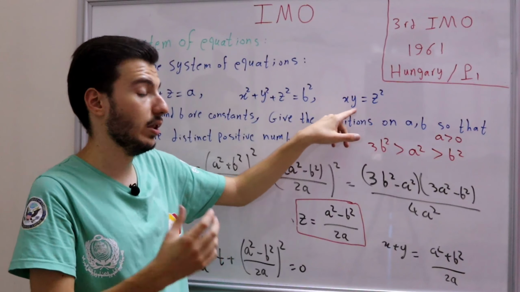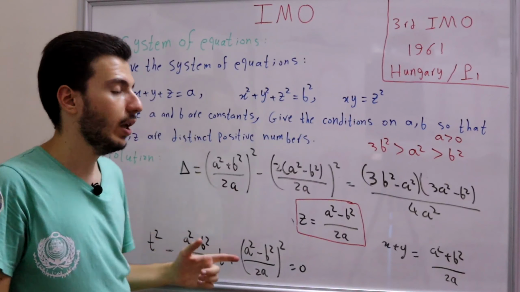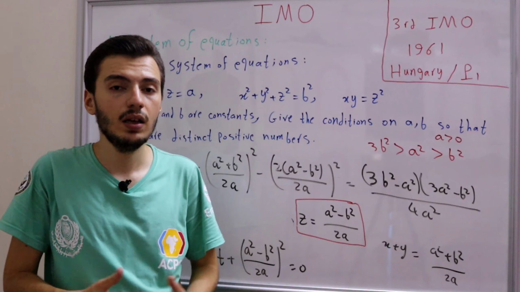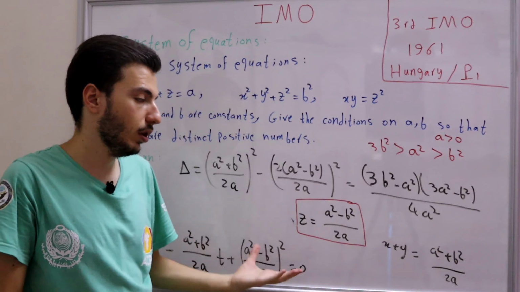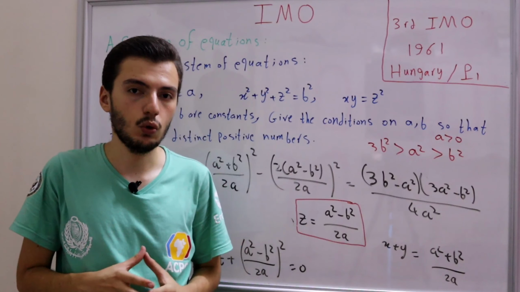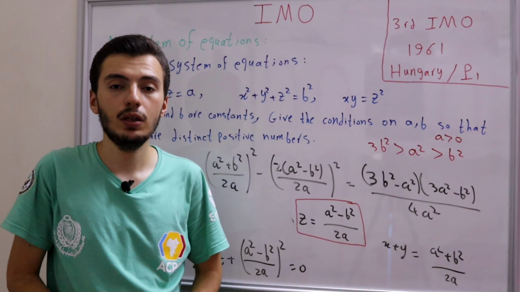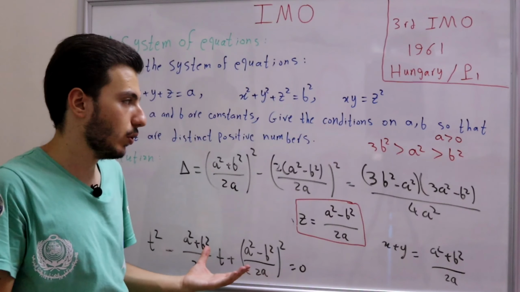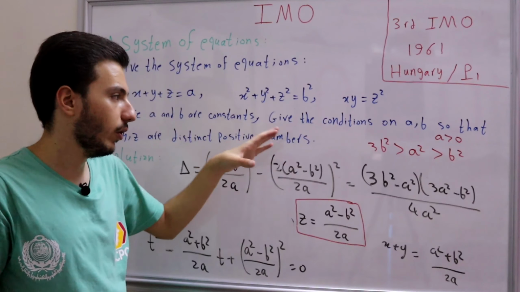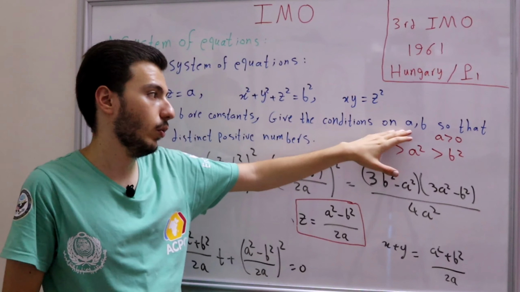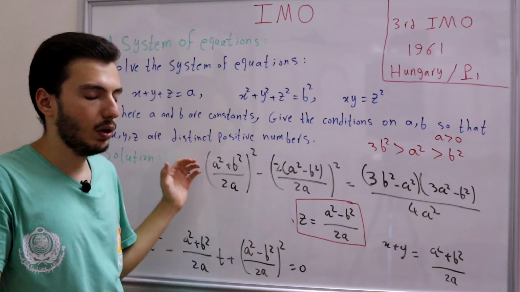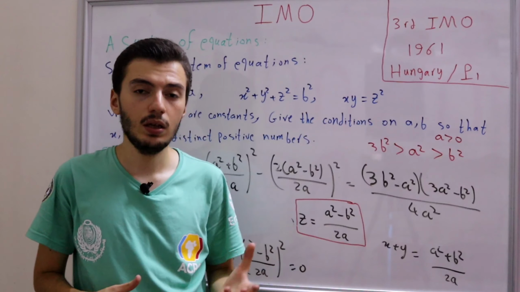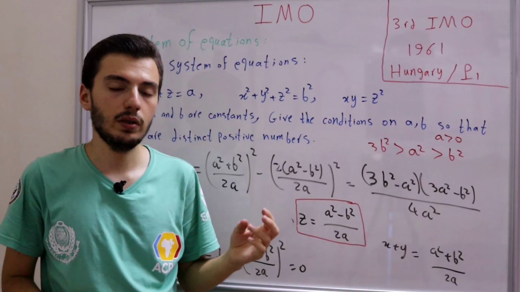That means we know what is xy and what is x plus y. And immediately that should always remind you of the Vieta, meaning that you should immediately form the quadratic equation that x and y are both the solutions of. And of course when we did that, we solved the system of equations. Then we discussed what the conditions on a and b are, such that we have three solutions that are distinct positive numbers.